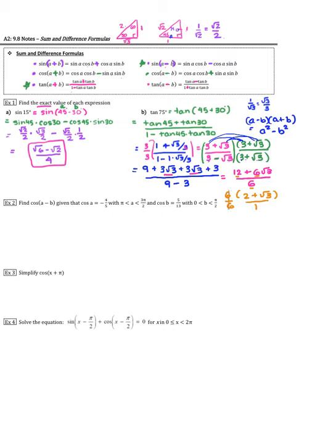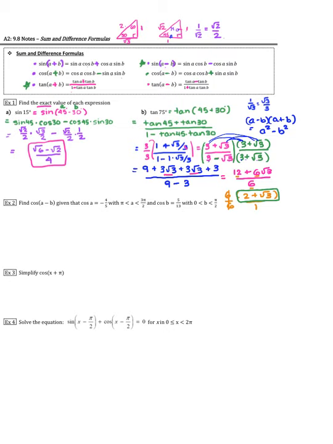These will cancel, and this is your final answer, 2 plus rad 3. A lot of work to get there, I totally admit. So the tangent ones are always going to have a little more because it's a fraction. You're always going to end up with a radical in your denominator, and it will require then multiplying by the conjugate.